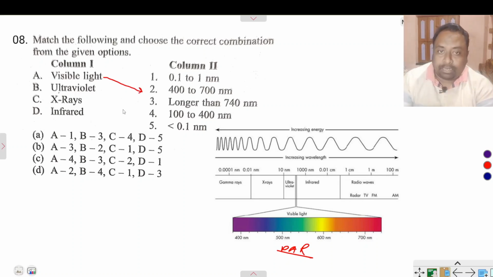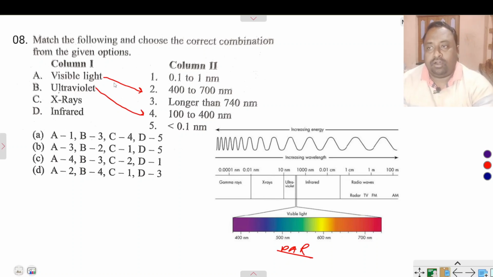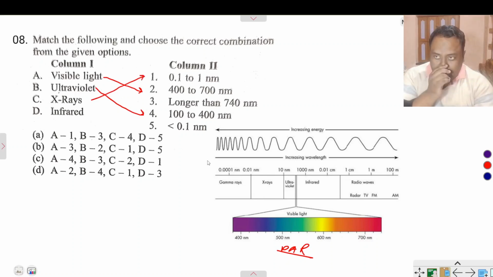Then ultraviolet light is 100 to 400 nanometer wavelength. And X-ray is 0.1 to 10 nanometer, or 0.01 to 10 nanometer. And infrared light is longer than 700.